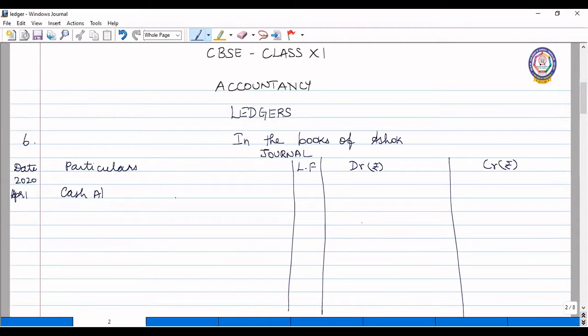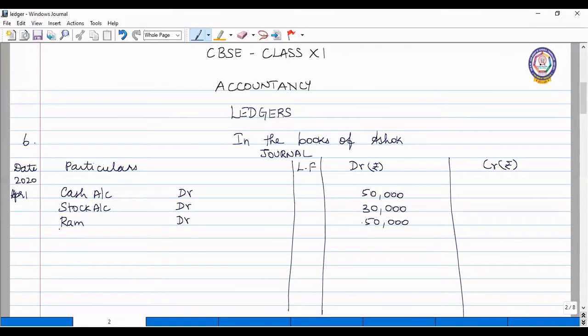Cash account debit 50,000, then stock debit 30,000, Ram who is a debtor, so debit Ram's account with rupees 50,000.